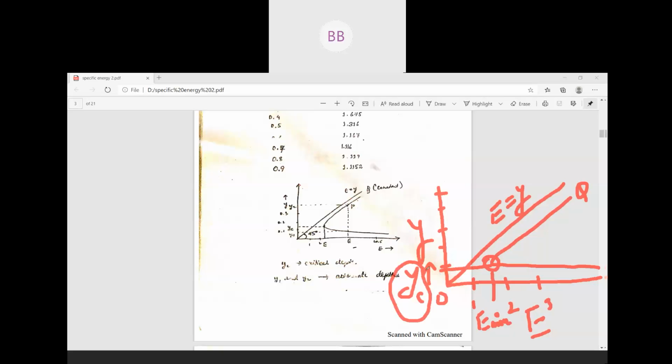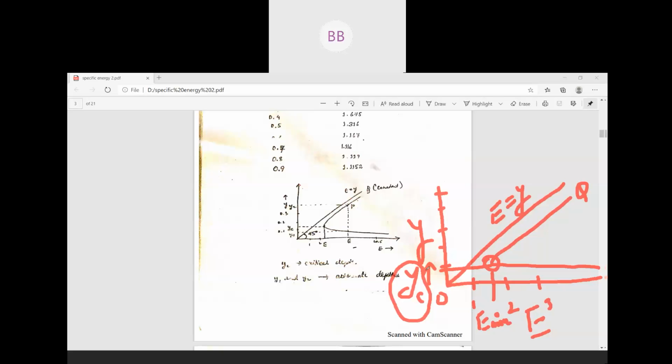So if someone asks you what critical depth is, it is the depth at which the specific energy is minimum, not zero.